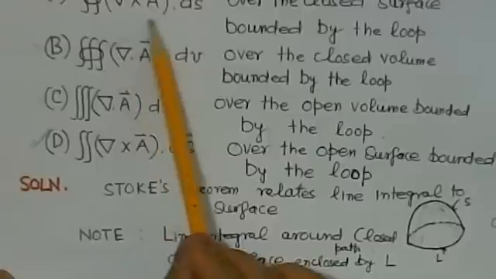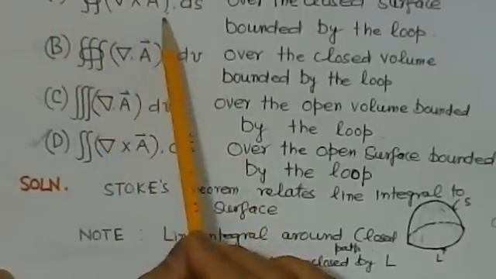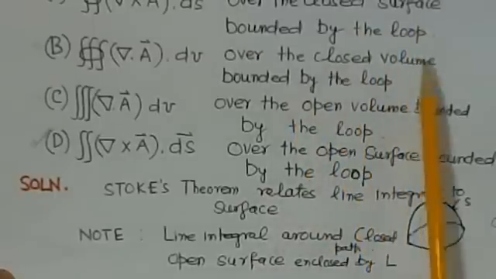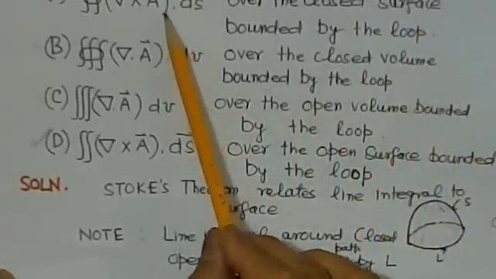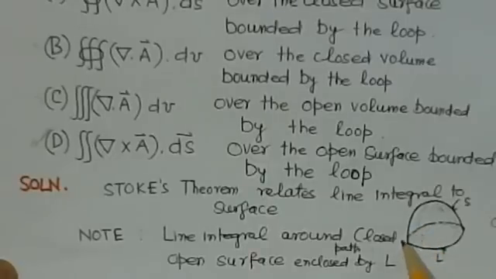Option A shows here there is a closed surface. That means this del cross A is over the closed surface bounded by the loop. But if you see the statement of the Stokes theorem, it says the line integral around the closed path is equal to the del cross A over the open surface, the surface formed by the boundaries of this loop.